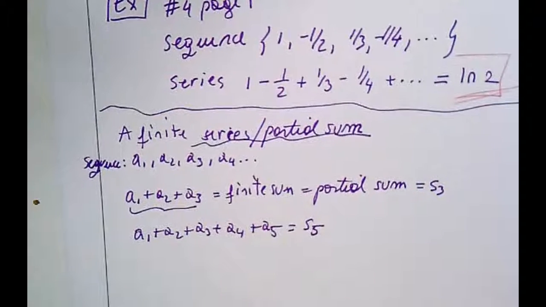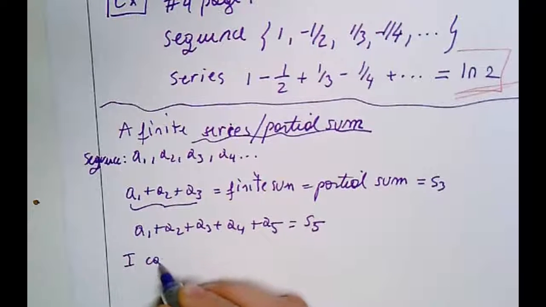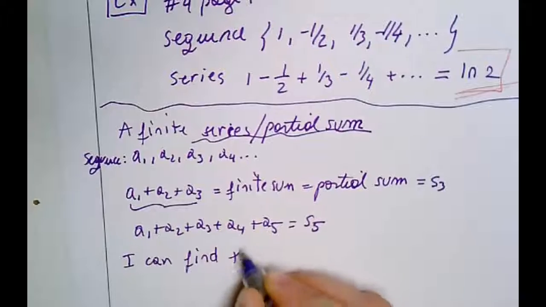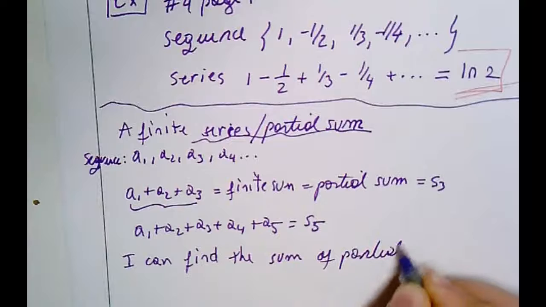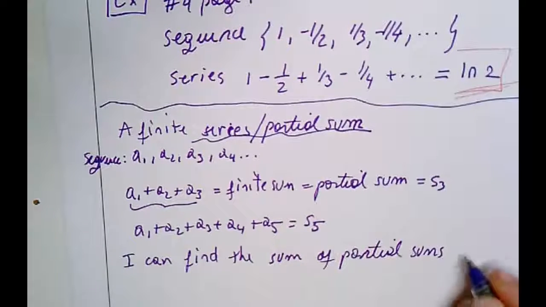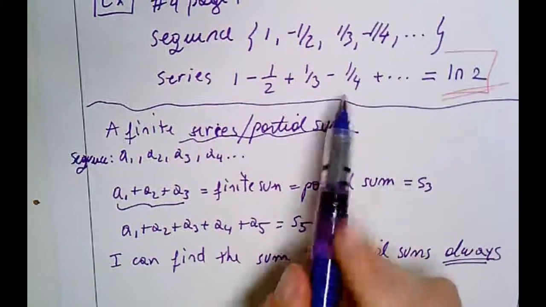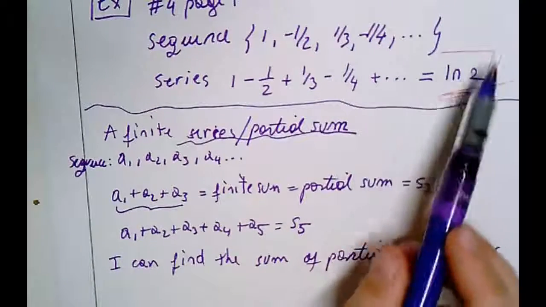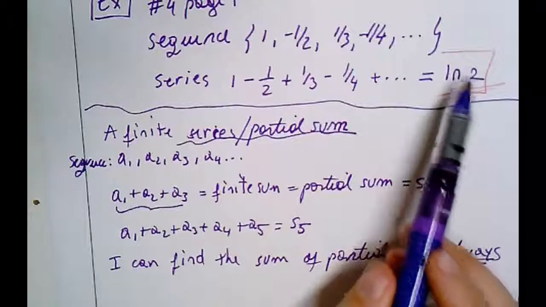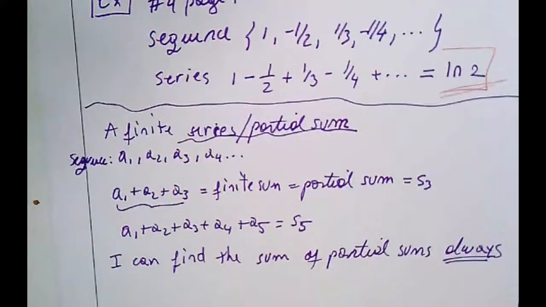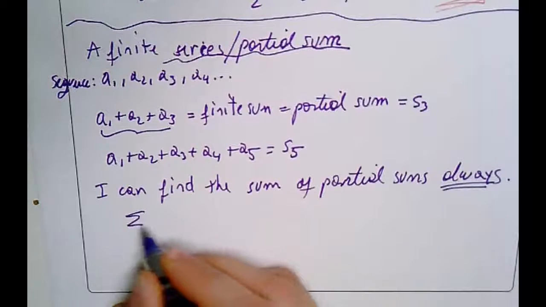So the key here is to recognize that I can always find the sum of partial sums, because it's a finite sum. But for infinite, I can't, although sometimes I can. You'll see for telescoping series and geometric series, you'll be able to find the actual values. But if you're looking at a partial sum, you can always find the value.